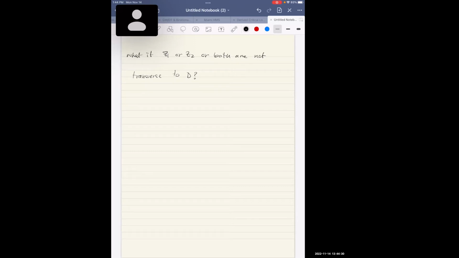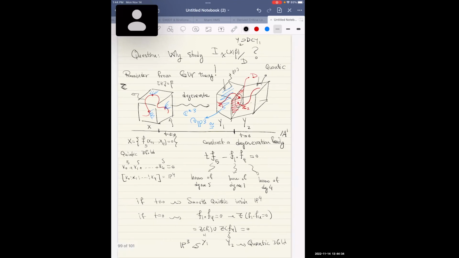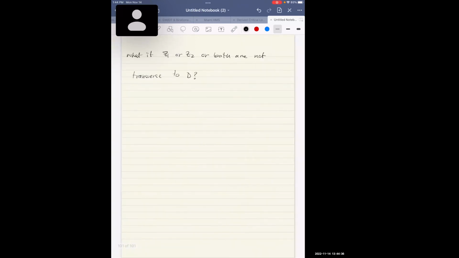So in some sense, we have the moduli space of curves inside X, and we are trying to degenerate it to the moduli space of curves Z1 inside Y1 and Z2 inside Y2 relative to D and relative to D, which match with each other.